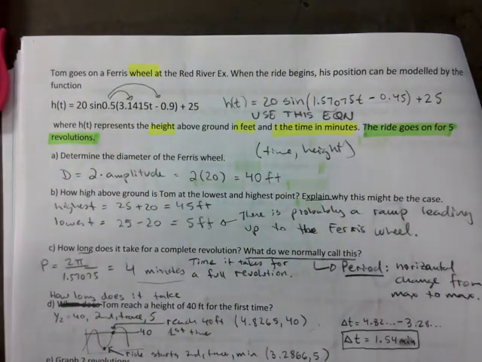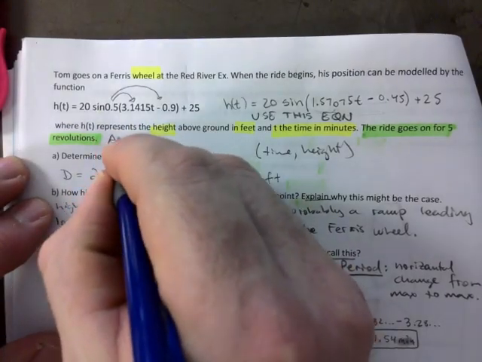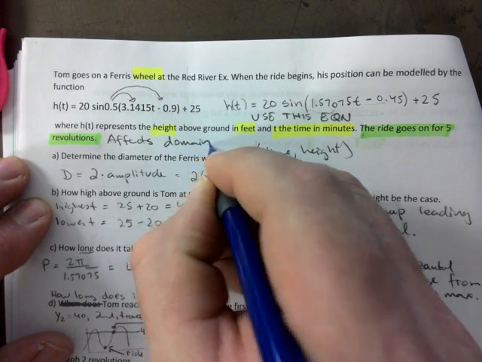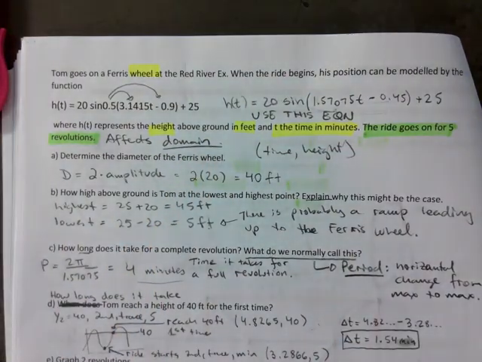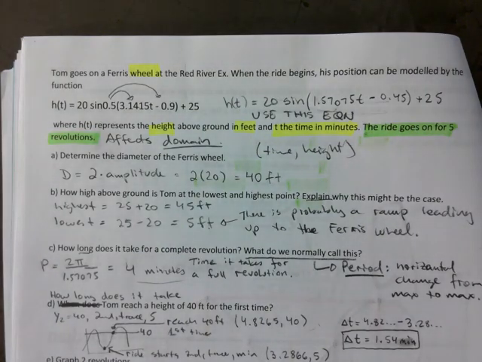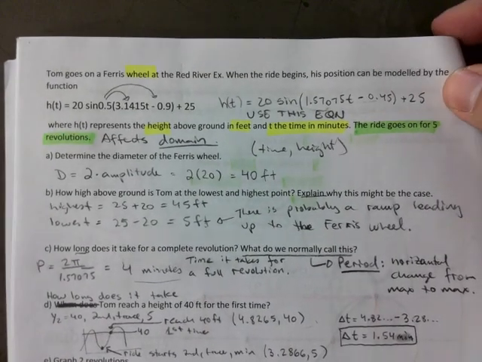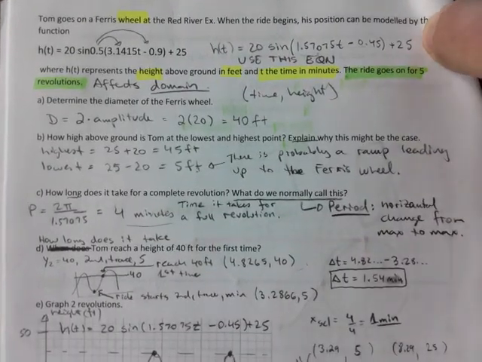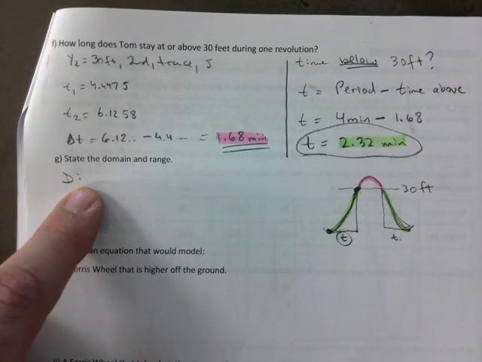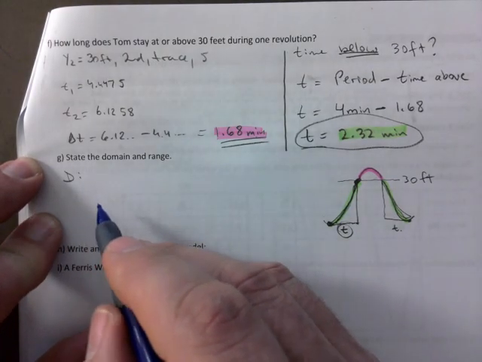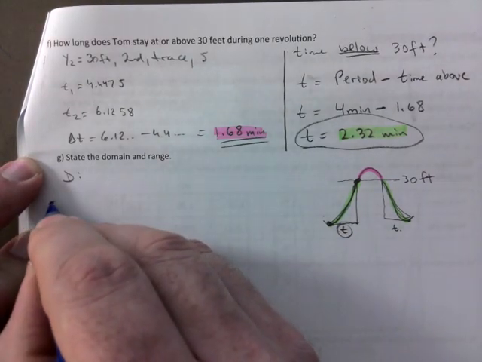This will affect the domain. Instead of going on to infinity, that would be probably my biggest nightmare, being stuck on a Ferris wheel for unending amounts of time, right? So that is going to put a stop to your domain. So 5 revolutions, right? 5 revolutions.